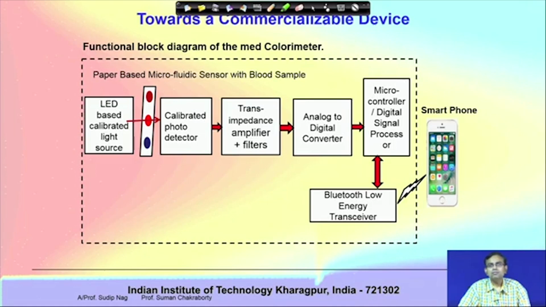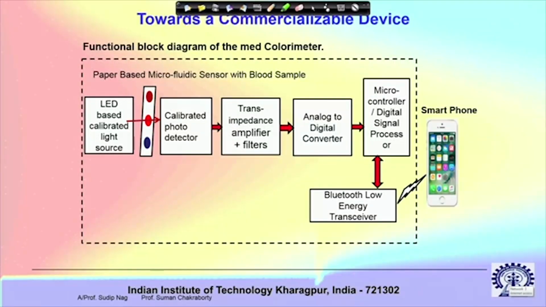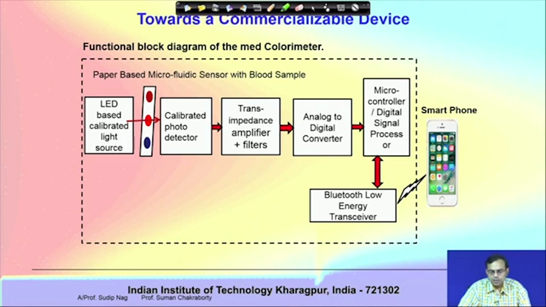So, there needs to be an electronic box type of element which essentially contains certain electronic components or electronic equipment which will make sure that the colorimetric signal or electrochemical signal, whatever signal that is coming from the paper based or any other microfluidic device that is sensed and then transformed into an electronic signal.